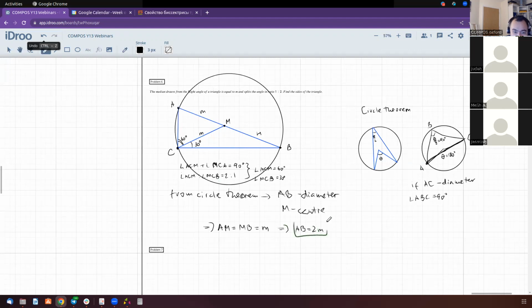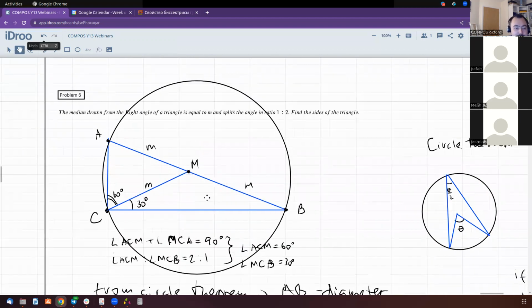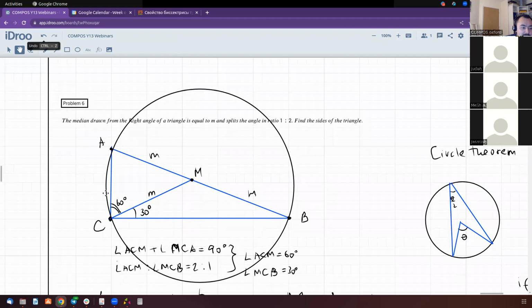So we found the first side, the hypotenuse. And basically, in any right angle triangle, the median drawn to the hypotenuse is half the hypotenuse. That's an important rule as well.